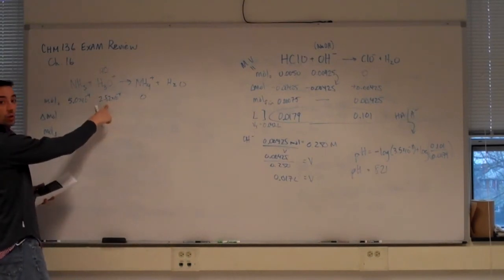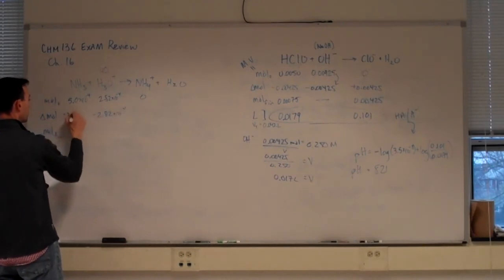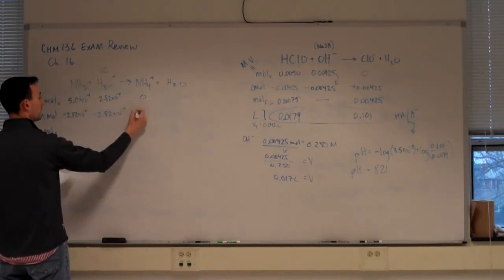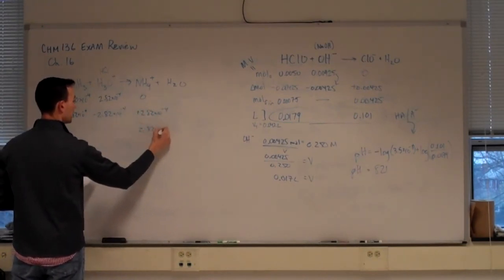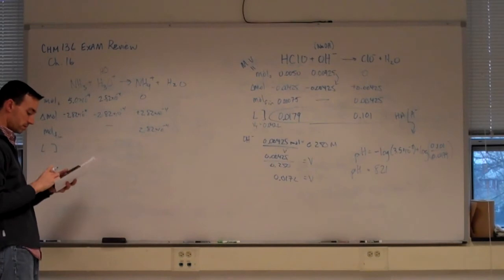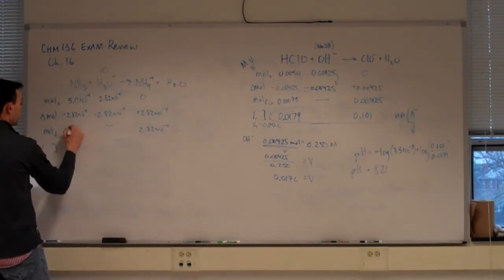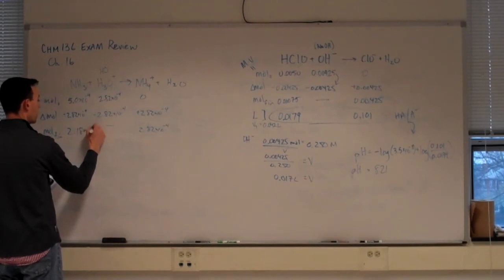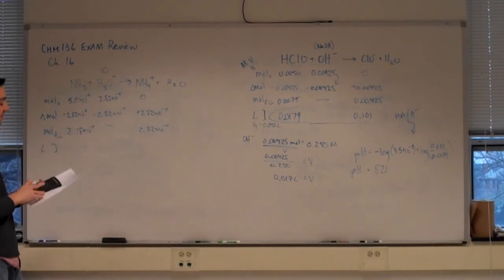This is the limiting quantity, so it becomes the limiting reactant and the amount by which we change. So we'll have 2.18 times 10 to the minus 4 moles of ammonia left. And we will have formed 2.82 times 10 to the minus 4 moles of ammonium in this case.